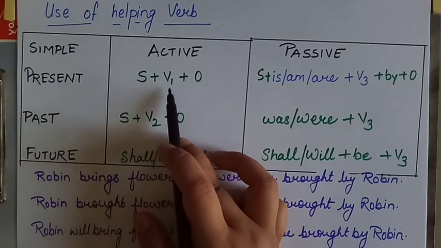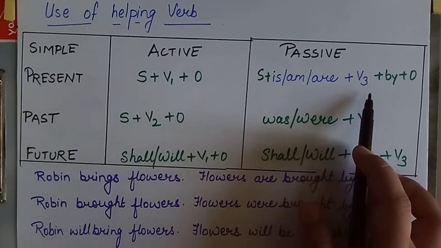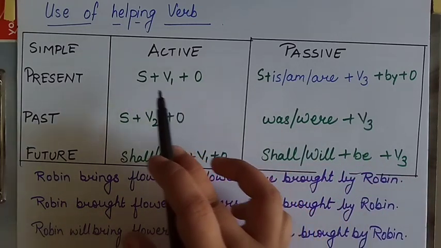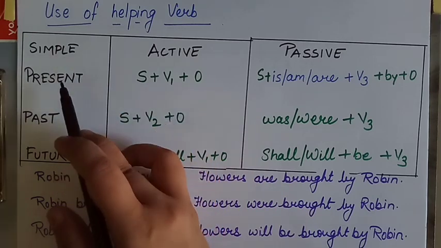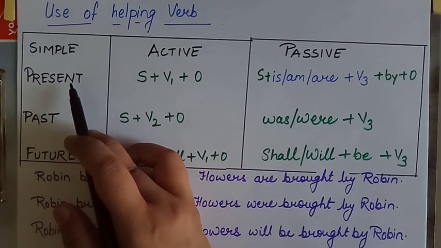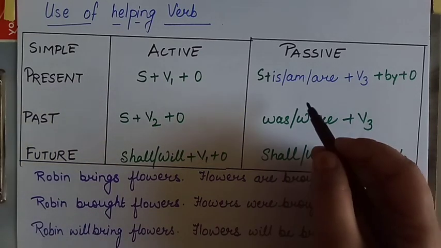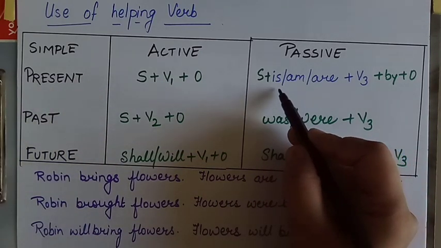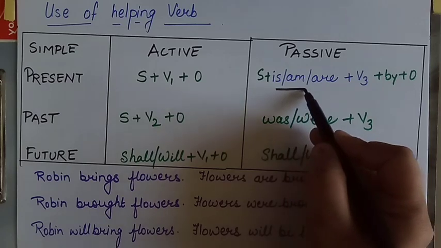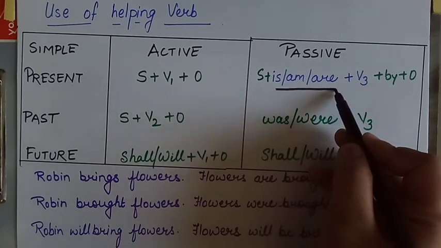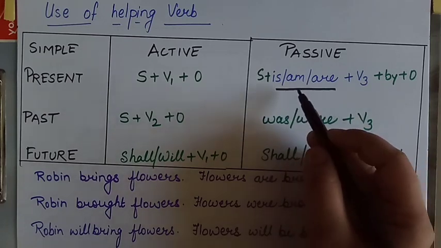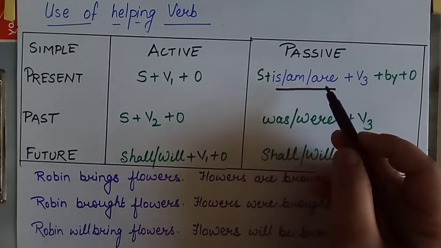But this V1 will change to V3, and as it is simple present tense, we will be adding the helping verb is, am, are. Why are we adding is, am or are? Because it is present tense.